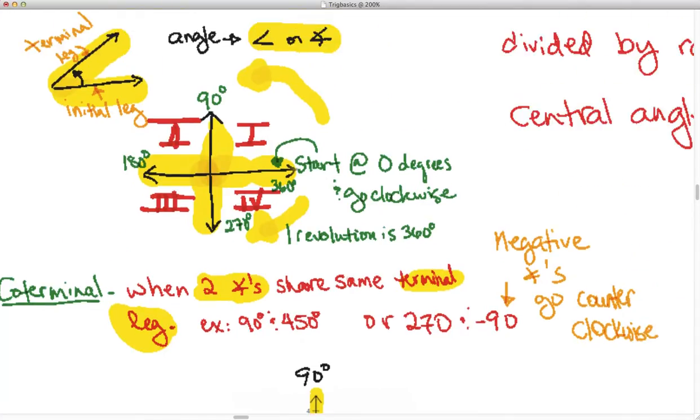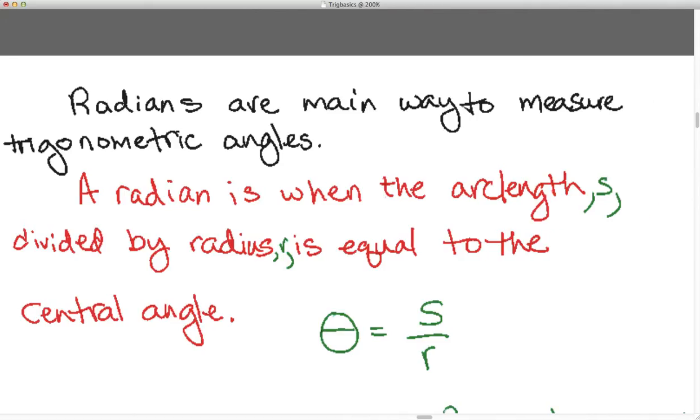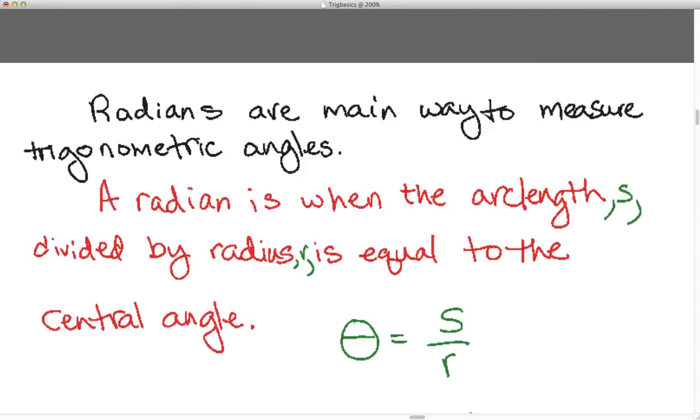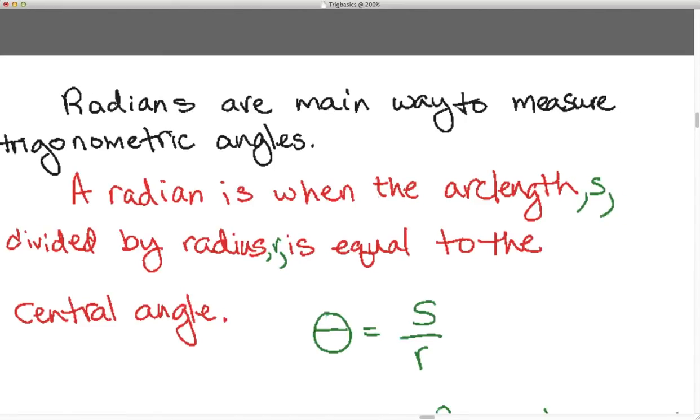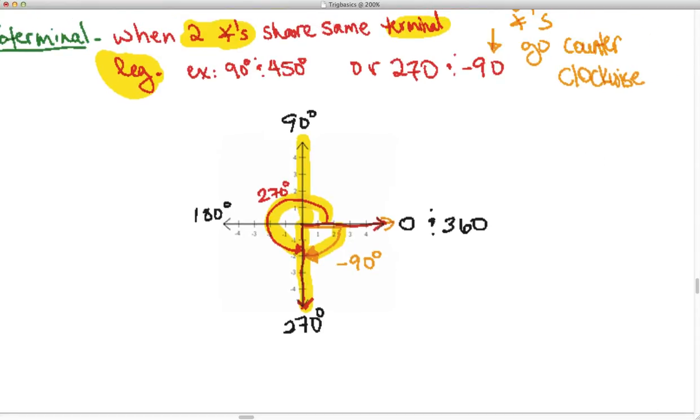Now, degrees is not the way we typically measure angles. Radian is more convenient, and basically what we're dealing with here is a central angle, which is an angle that starts in the origin. Okay, so we have some angle that starts here, and this is 0 point, and you go, let's say, 60 degrees in that direction.